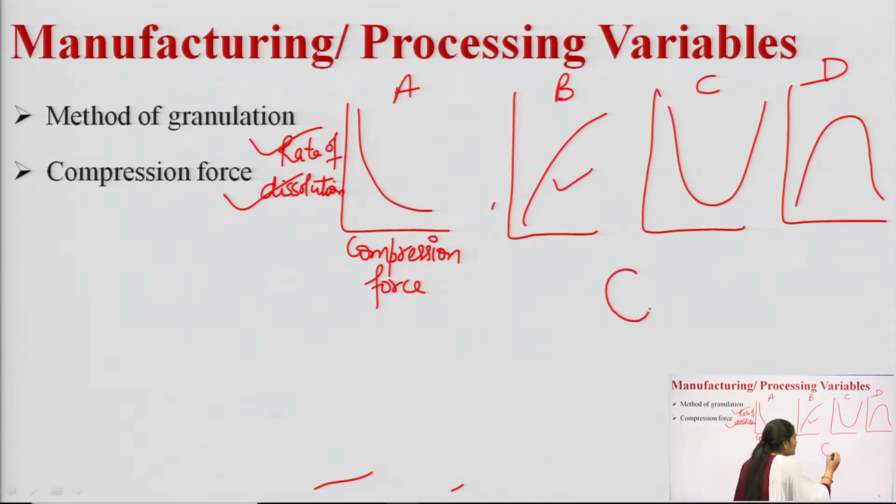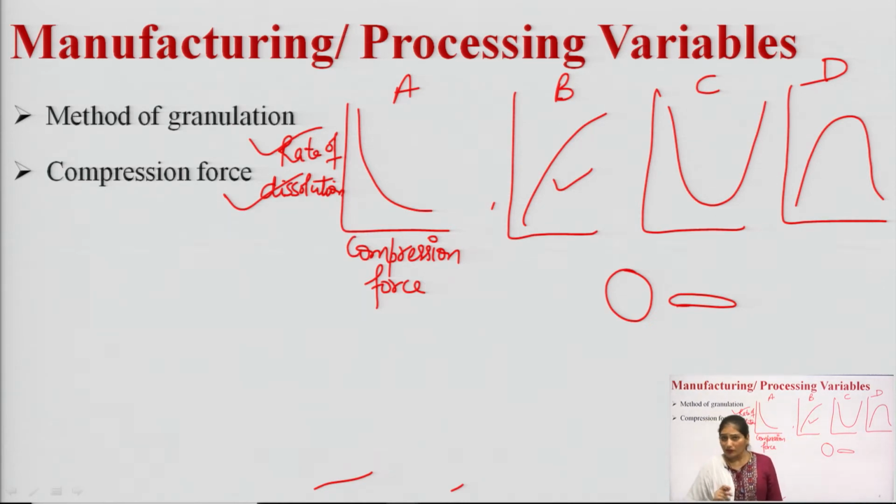Suppose this was a spherical particle, and when compression force is applied on that, it will be converted into disc shape. It will have more effective surface area, it will be in more contact with the dissolution medium, so it will dissolve at a faster rate.